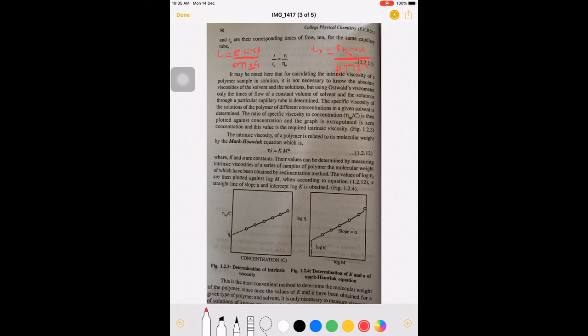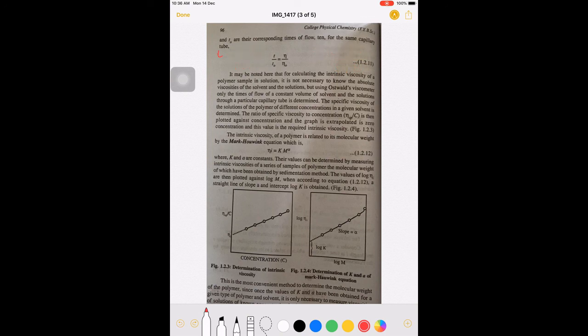The only difference between these two equations is that this eta is eta 0, because this is for the pure solvent. If we divide these two equations, T by T0, all the 8 VL terms in the numerator and the denominator are the same. Therefore the equation becomes T upon T0 is equal to eta upon eta 0.